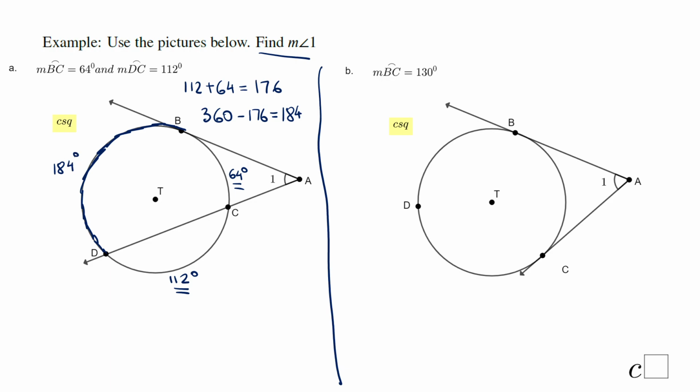So now we can find the measure of angle 1 by simply doing 184 minus 64, the two intercepted arcs, divided by 2. So that will be 120 divided by 2. That will be 60 degrees.